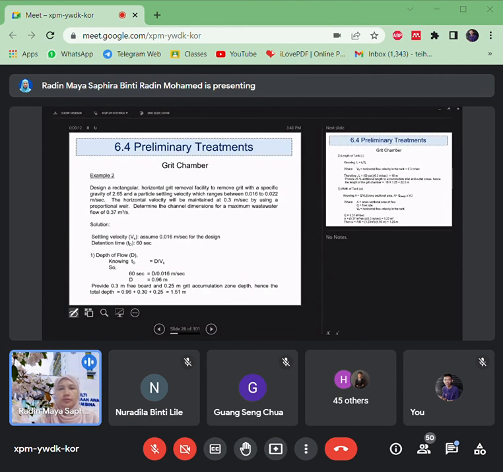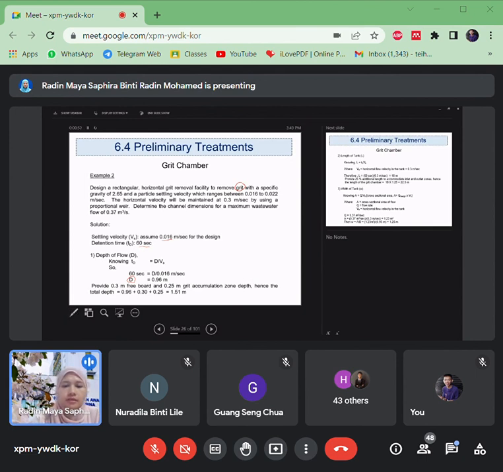So in order for you to design a rectangular grit removal system to remove the grit, benda-benda yang heavy tadi, macam sand, gravel, lagi apa benda yang batu-batu lah, yang kecil-kecil tu kan. Alright, first you need to know the depth of flow. Knowing that the detention time is 60 seconds, and settling velocity is 0.016, you can know the depth of the flow, 0.96 meter.